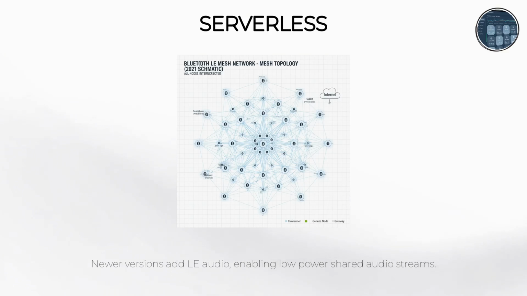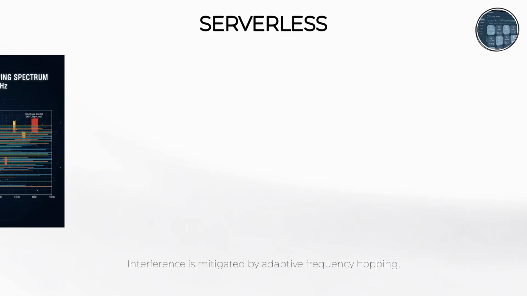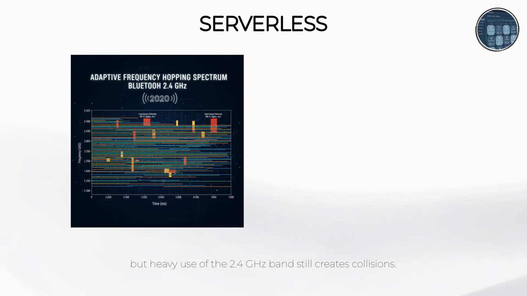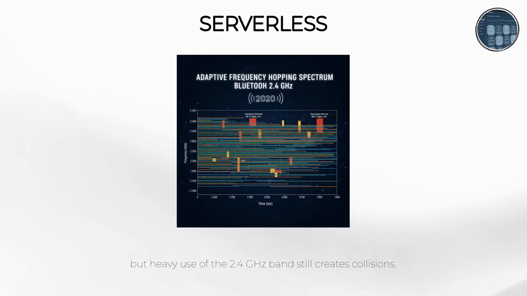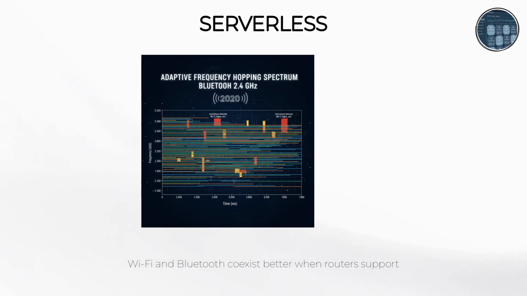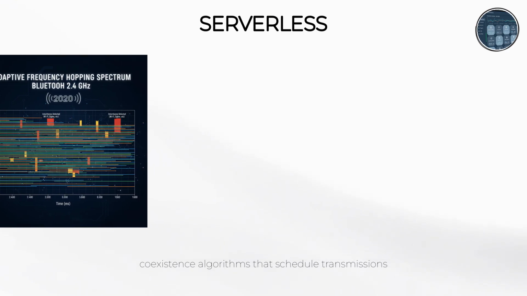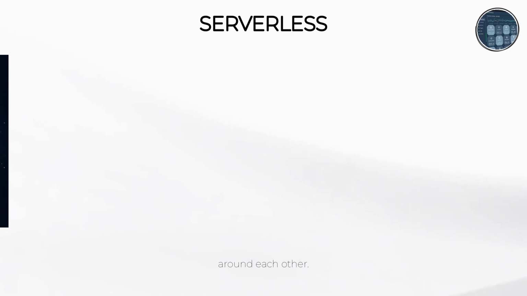Newer versions add LE audio, enabling low-power shared audio streams. Interference is mitigated by adaptive frequency hopping, but heavy use of the 2.4 GHz band still creates collisions. Wi-Fi and Bluetooth coexist better when routers support coexistence algorithms that schedule transmissions around each other.